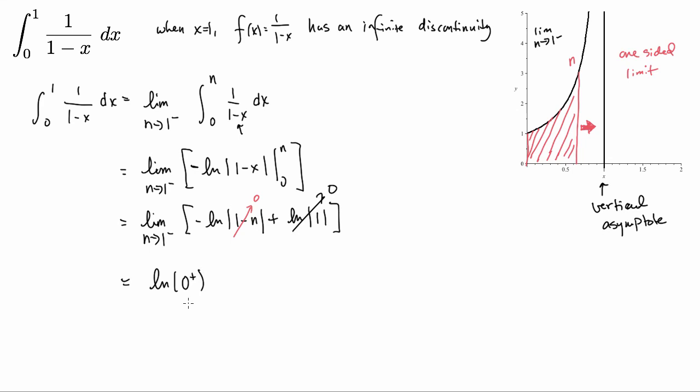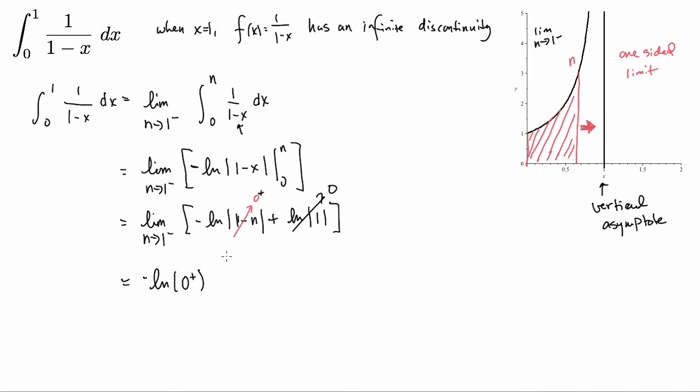You've got to be very careful about this. If n is approaching 1 from the left, then these are values like 1 minus a half, 1 minus 3/4, 1 minus 7/8. We're getting closer to 1. All those values are positive, which means, yes, we're approaching 0, but we're doing it from the right because these are positive values.